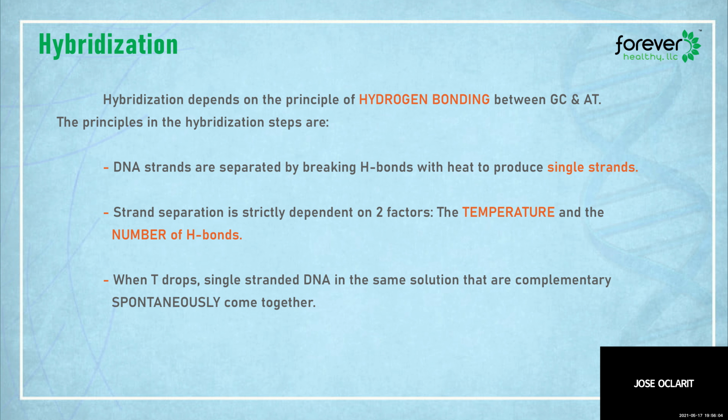Once the probe is there, it will pair complementarily with the DNA that it complements, and therefore it will later on be identified whether the gene is present or absent using hybridization. The principle behind hybridization is the pairing of GC and AT.